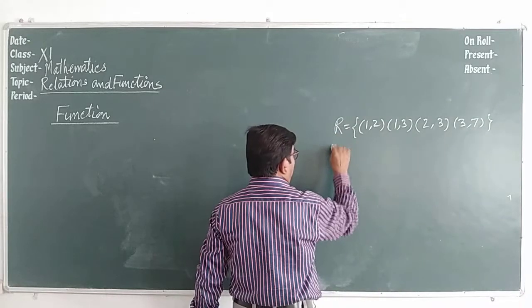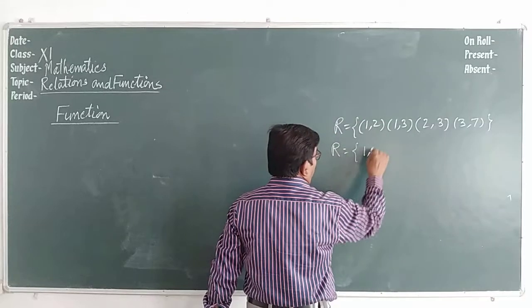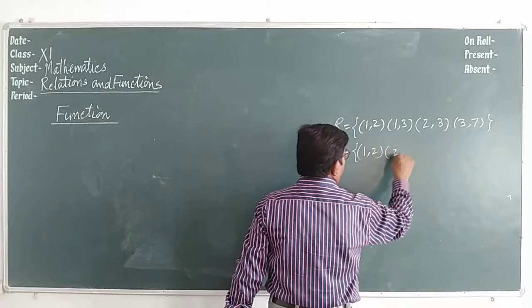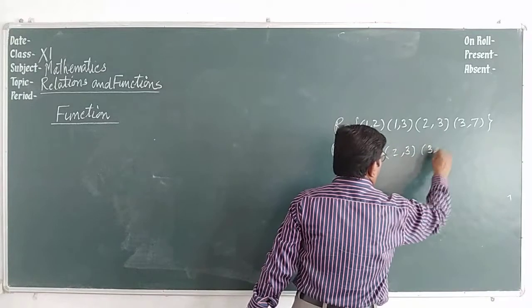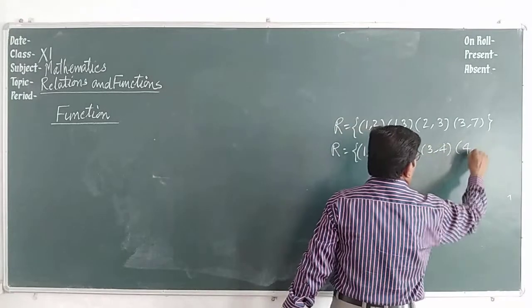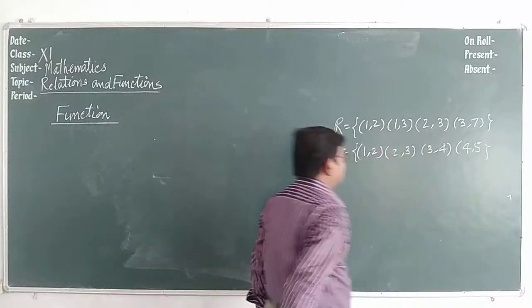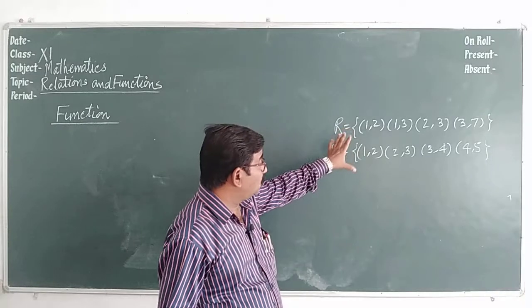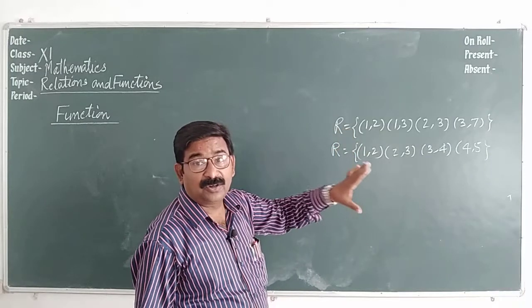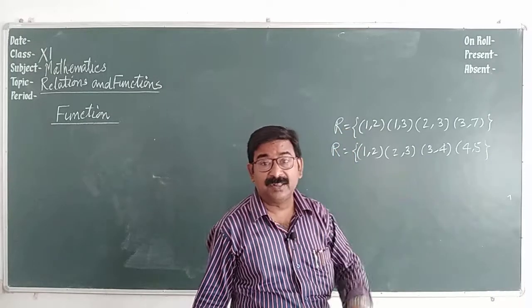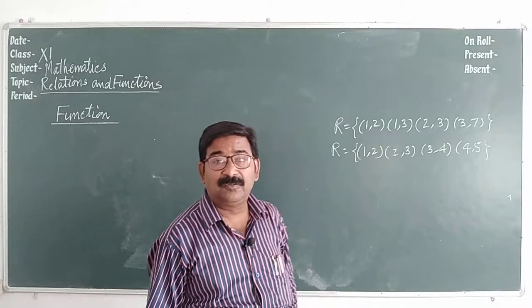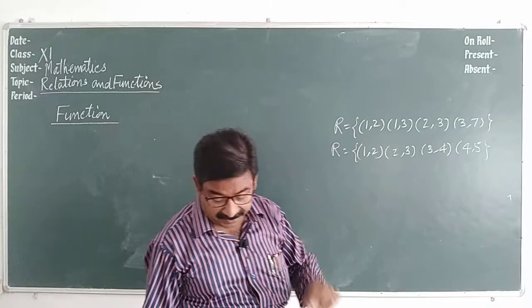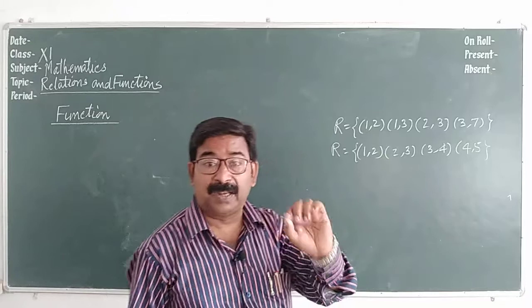Another we have R, we have 1 2, 2 3, 3 4, 4 5 and so on. And you have to check out of these two which of them is a relation and which of them is a function. Very simple idea to identify.